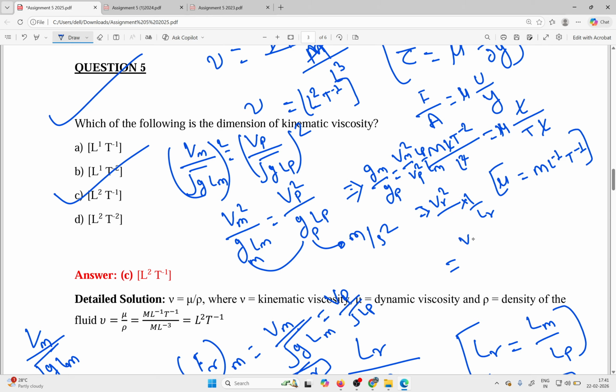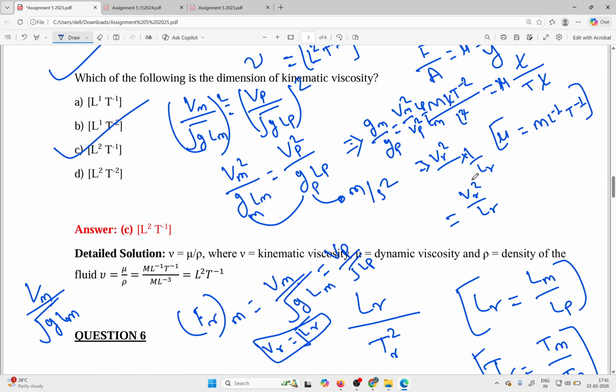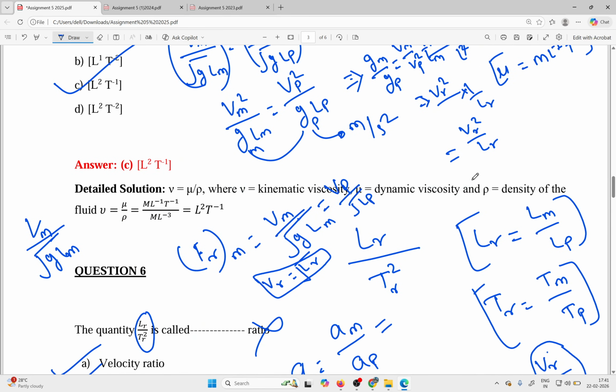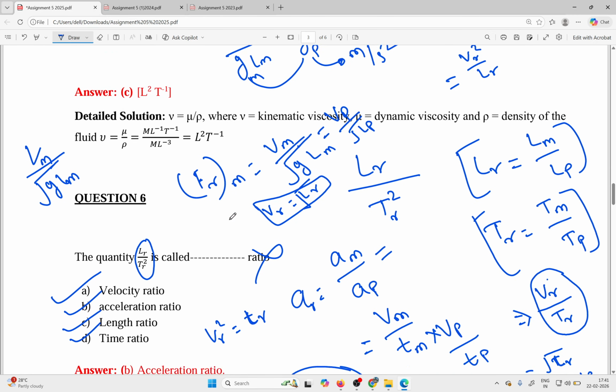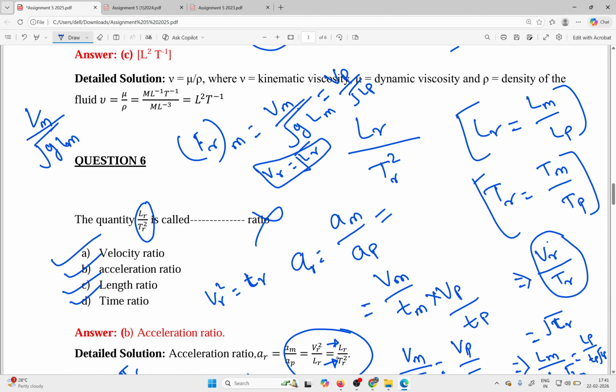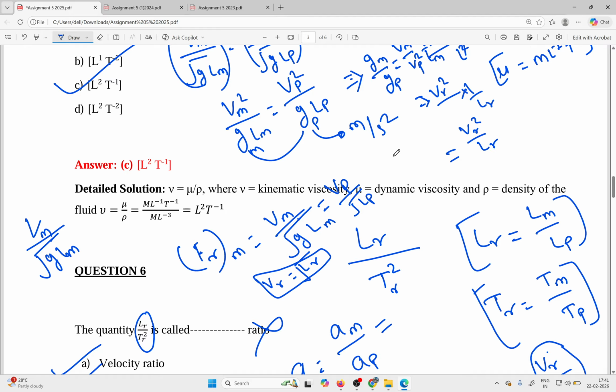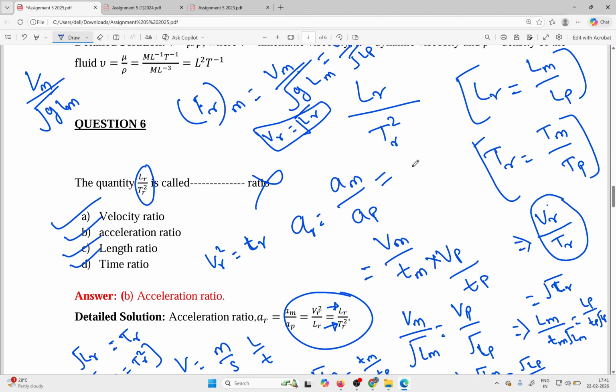So unit-wise you can write very clearly these things. Whatever is written here is very straightforward. Here it is written this thing, Vr square by Lr. This is the way of writing. If you are going with this, I have already explained how Vr is equal to root Lr and Lr is Tr square.